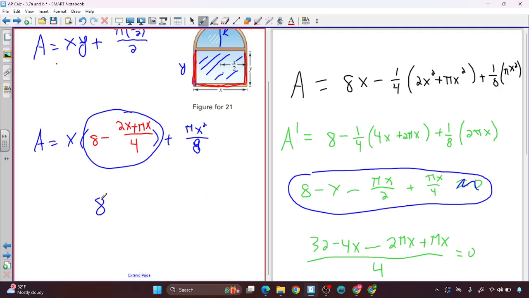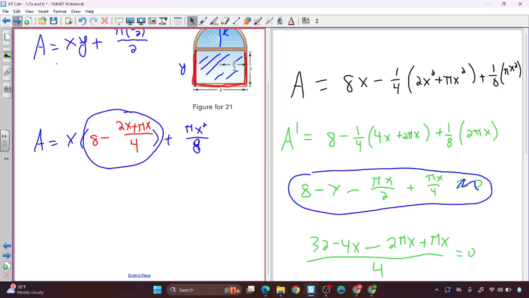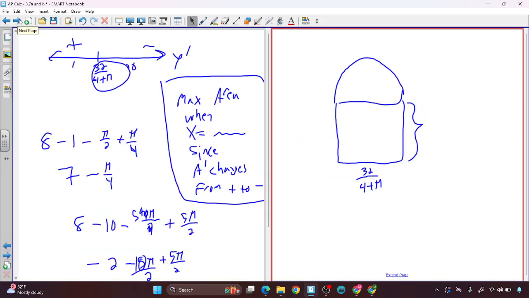So it'd be 8 minus 2x plus pi x over 4. Let me just steal this. Bear with me, sorry about that. Edit, paste. Okay, it's not there.